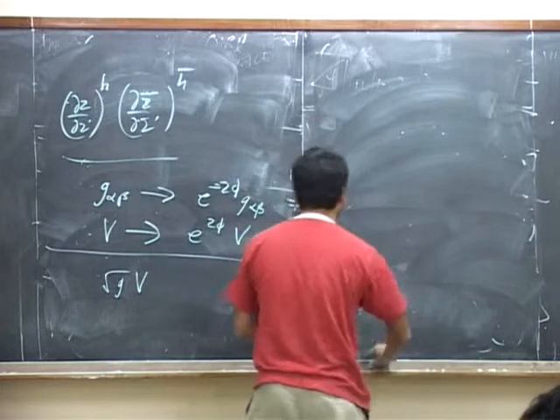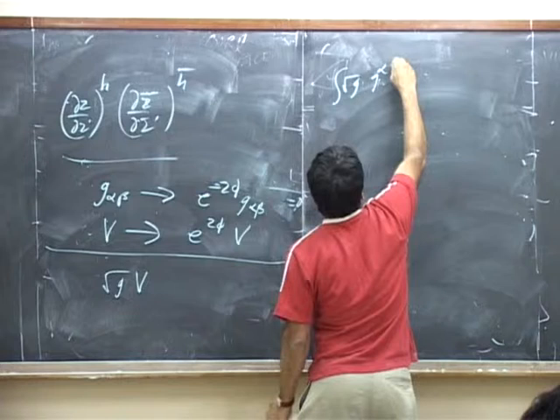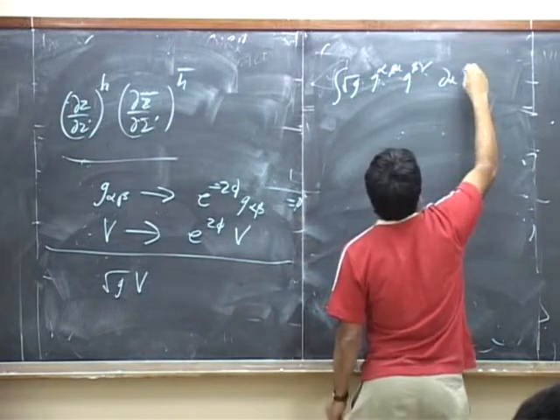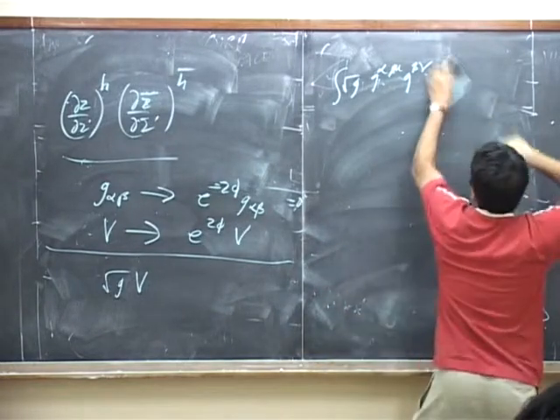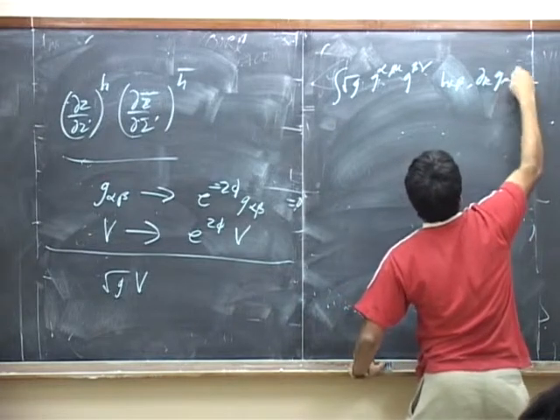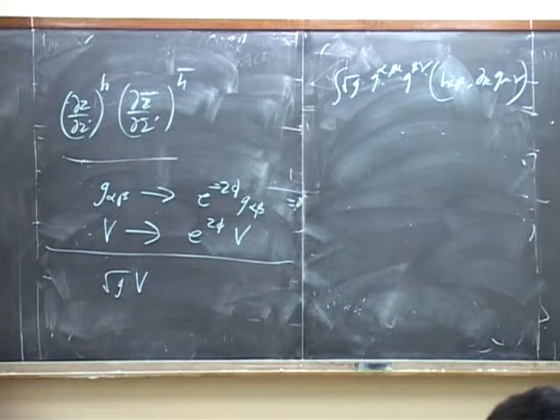Let's write it out here. The B insertion was square root g, g alpha mu, g beta nu, del alpha, B alpha beta del k g mu. Now suppose we perform a Weyl transformation of this.